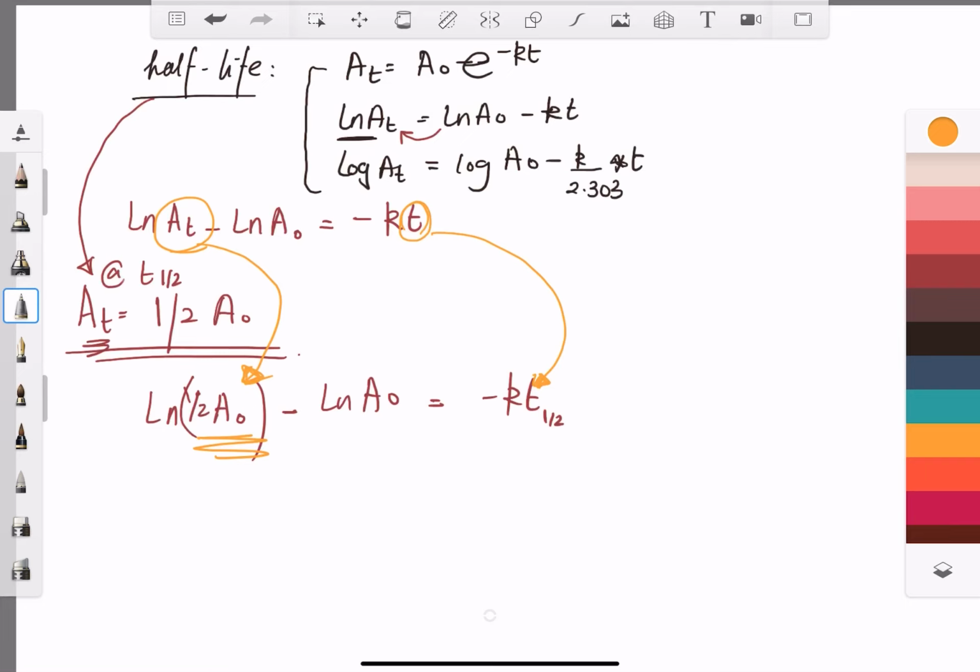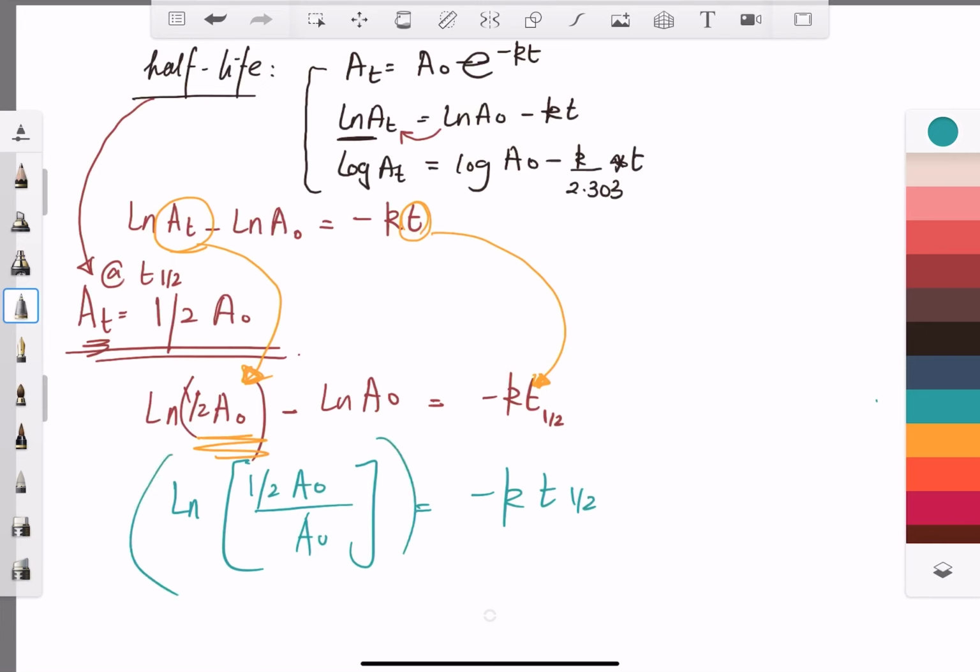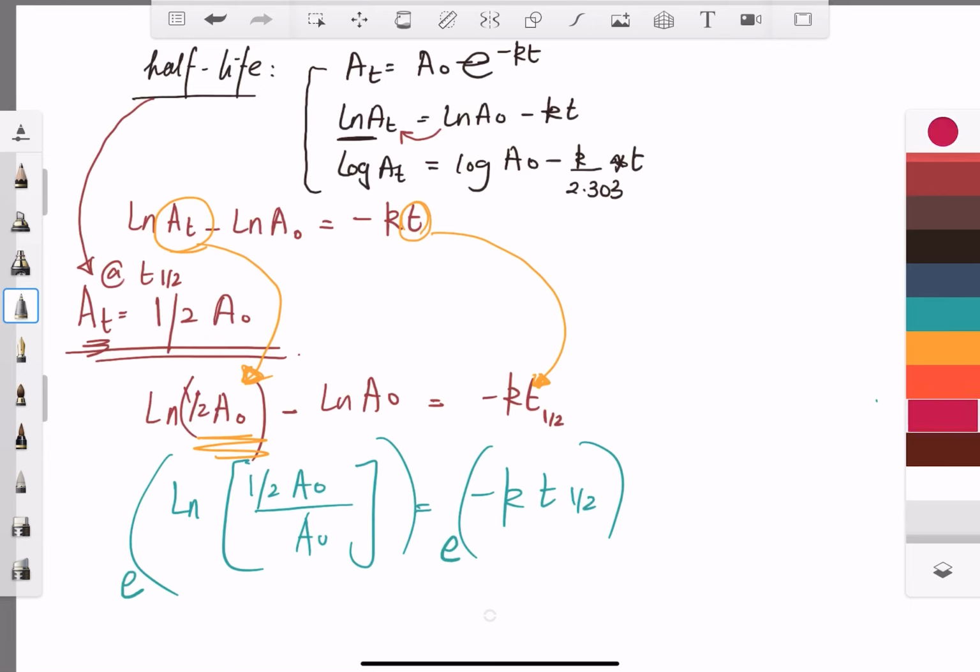Okay, so ln minus ln would be ln half A naught over A naught, right? Equals minus k multiplied by the half-life. To get rid of the ln, we need to take the exponent of the term, okay?